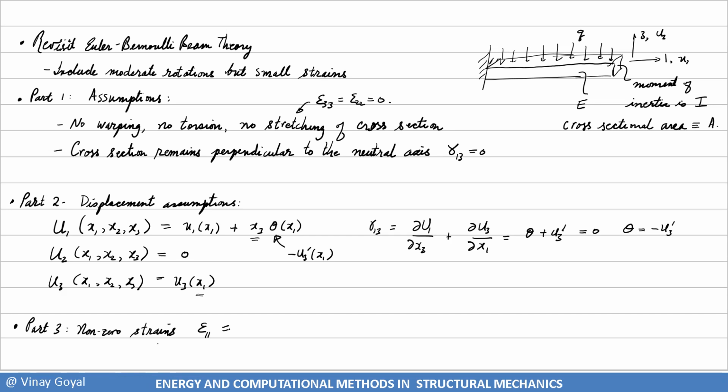Epsilon 1,1 is 1/2 times partial of u1 with respect to x1 plus partial of u1 with respect to x1 plus partial of u1 with respect to x1 times partial of u1 with respect to x1.